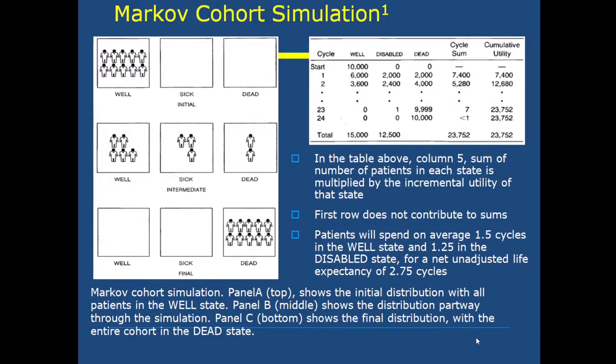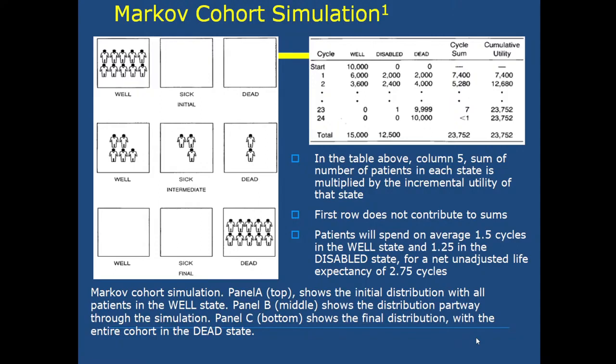Patients will spend on average 1.5 cycles in the well state and 1.25 in the disabled state, for a net unadjusted life expectancy of 2.75 cycles.